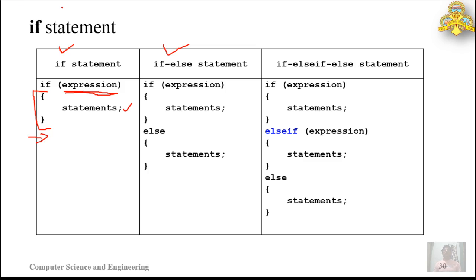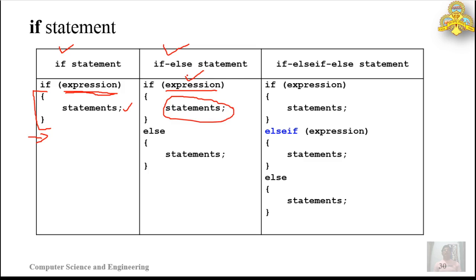The second one is where I choose one of two blocks for execution depending on the expression evaluation. Here I provide one boolean expression with the if statement. If this expression evaluates to a true value, then the first block will be executed.